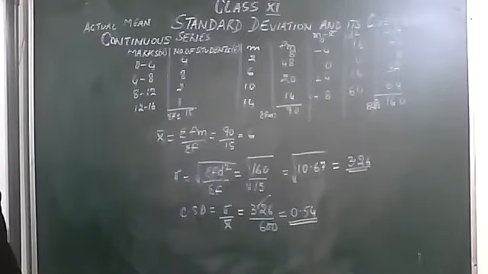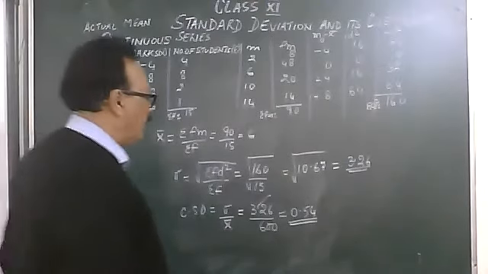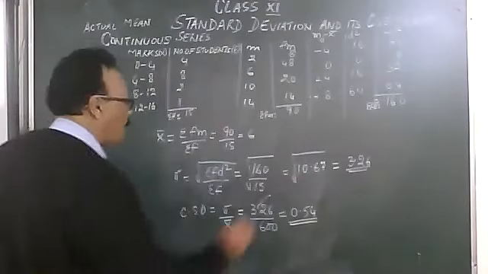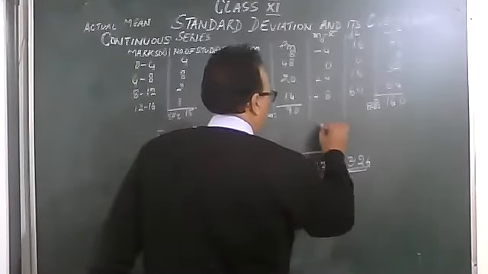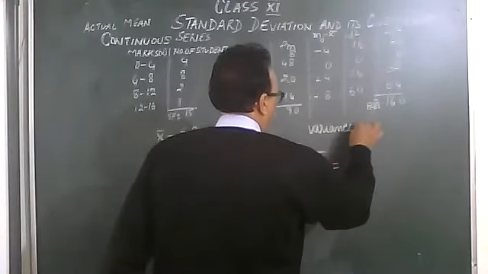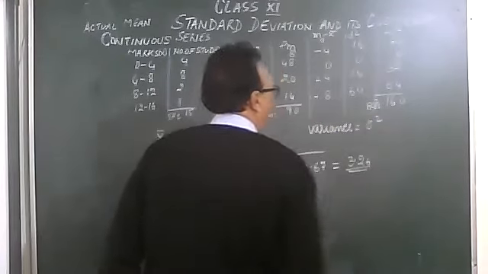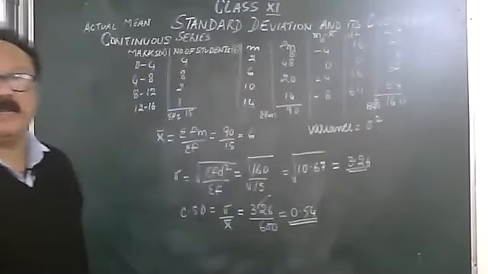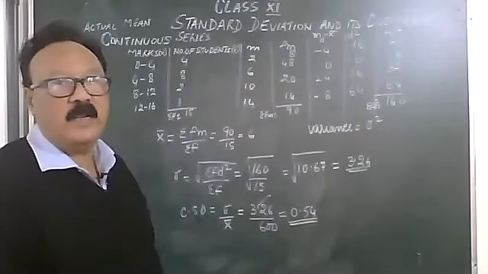Now there is another thing which can be calculated, which is called variance. Variance is equal to the square of the standard deviation.